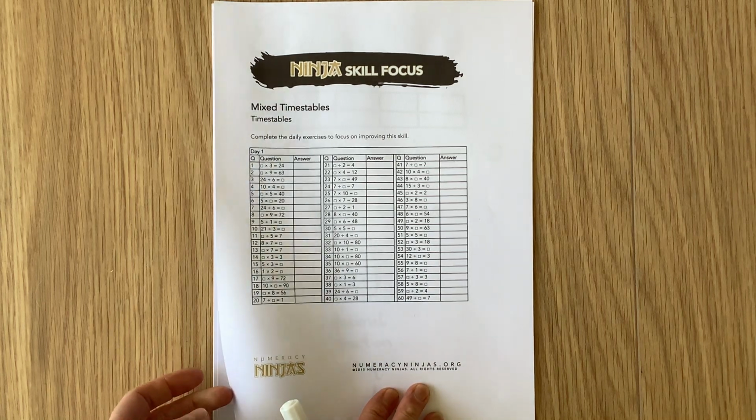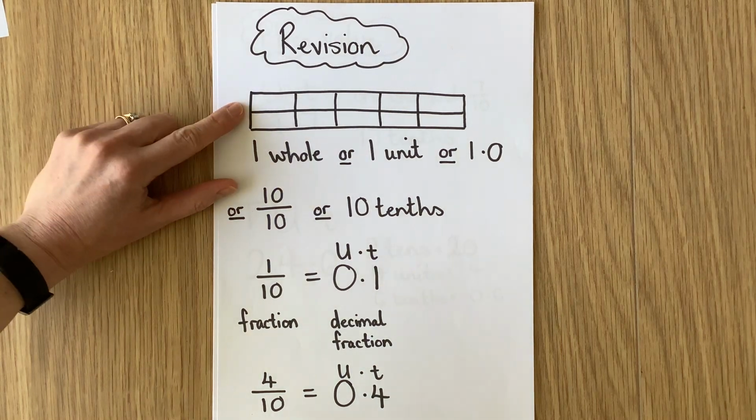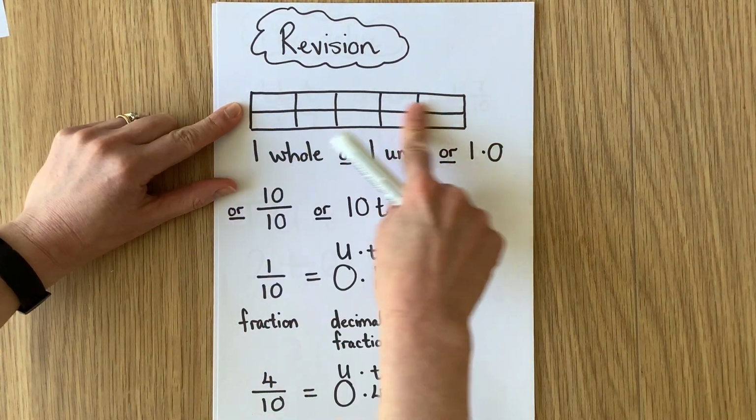Now, our main activity for today is all to do with decimals. So let's take a moment to revise what we've already done before we stopped for half term. We have been learning a little bit about decimal fractions, and we start off by thinking about one whole thing.